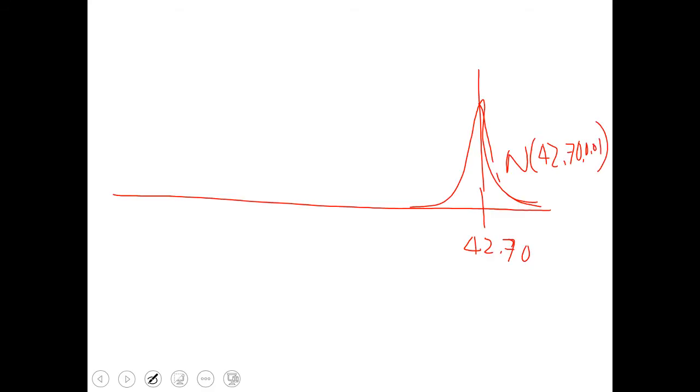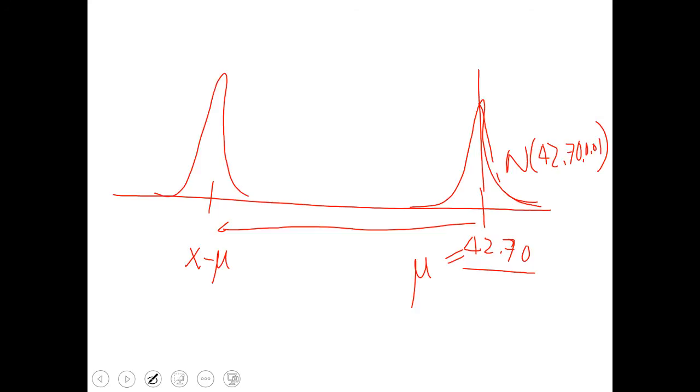And if you change it to here, it is x minus mu, where mu is actually 42.70, then we can change this distribution to here. So it is a normal distribution. So we take this one. So mean becomes 0, and standard deviation is still 0.01. After that we divide it by sigma. So in this case, sigma is 0.01.